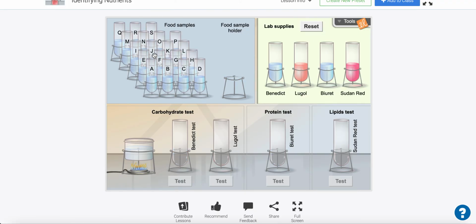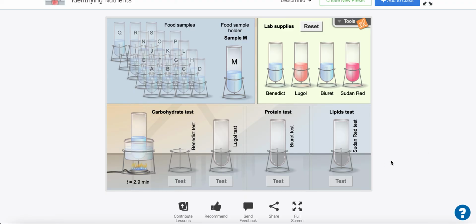Okay, let's do sample M. First we'll test the Benedict. That's a negative test. Let's test for the Lugol. Okay, that's a positive test, right?